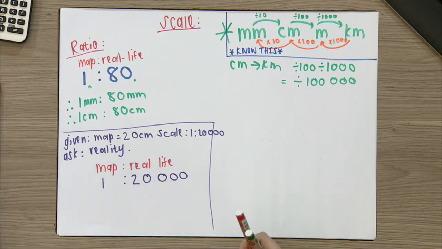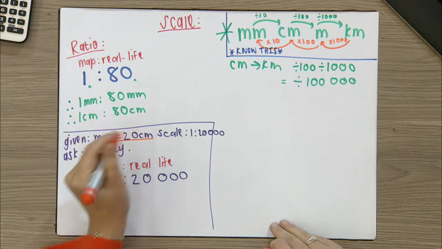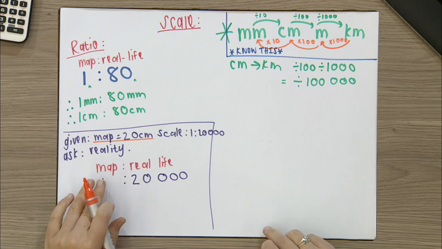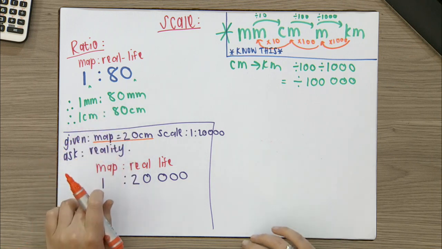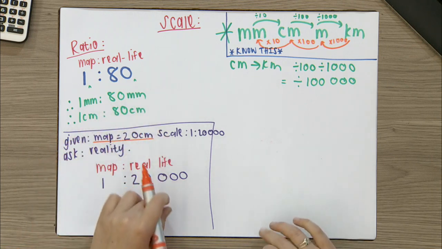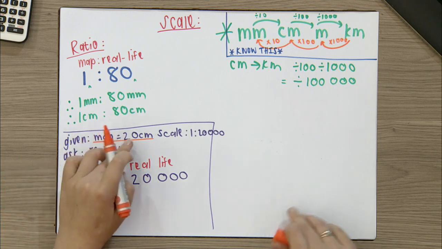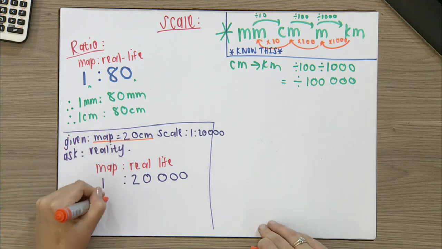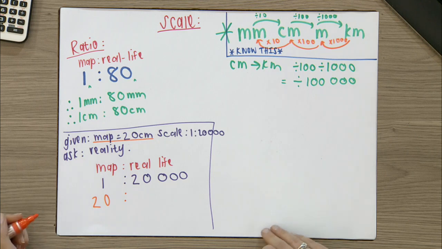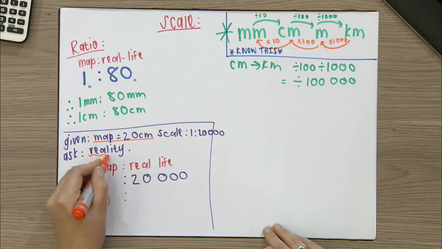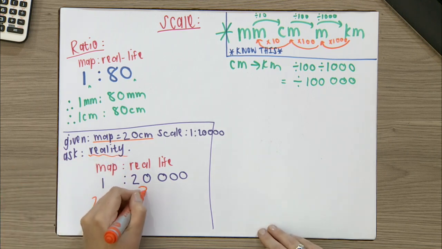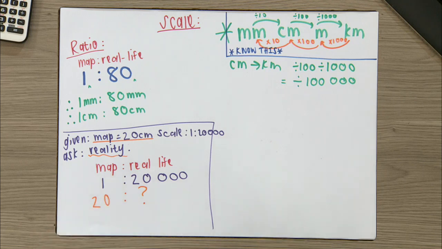Now, the next thing that is given is a map distance of 20 centimeters. So in other words, map and map goes together, and real life goes together. So map will be 20, and real life is the thing that we are being asked. We don't know what it would be in real life.